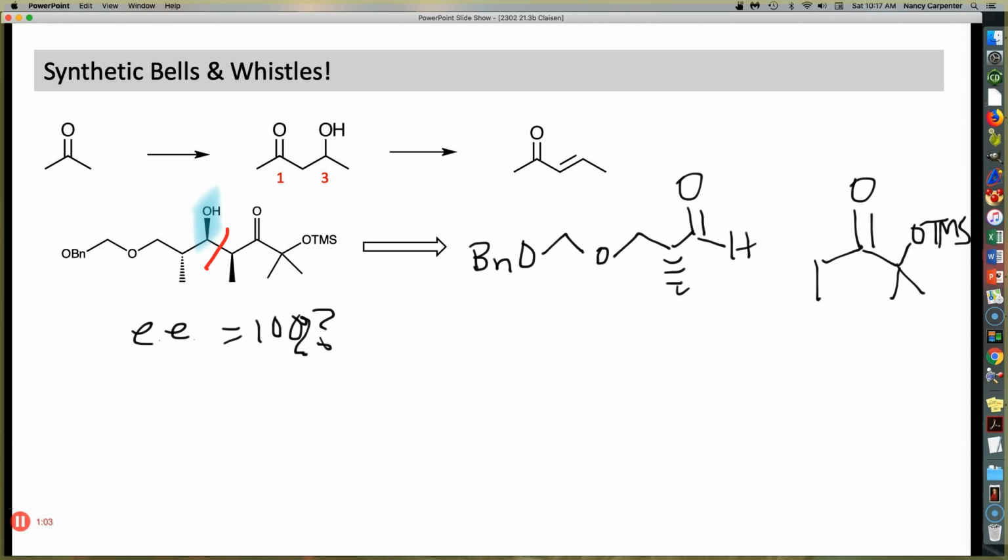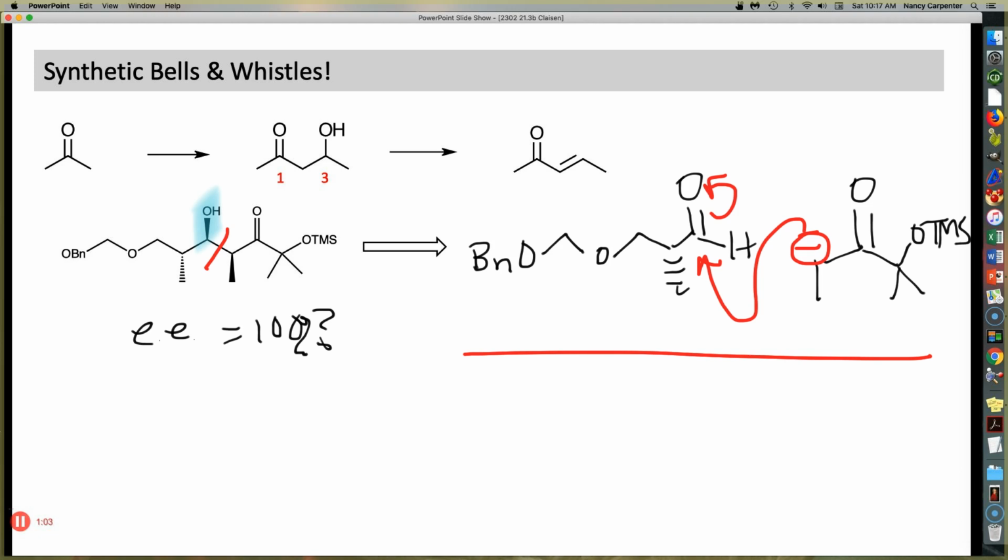What I've shown right here will give us a racemic mixture. But nonetheless, if I generate that enolate and add it to that aldehyde, I will get this product, this target molecule, albeit not in any kind of stereochemical purity. So, there's your first bell and whistle, that of the aldol.